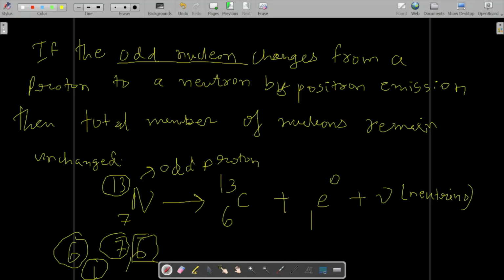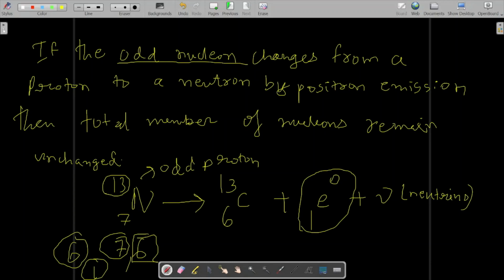If it changes from a proton to a neutron by the emission of a positron, what is a positron? A positron is a particle which has all the properties of an electron except that the electron has -1 charge and the positron has +1 charge. Spin, mass and the other properties are all the same.